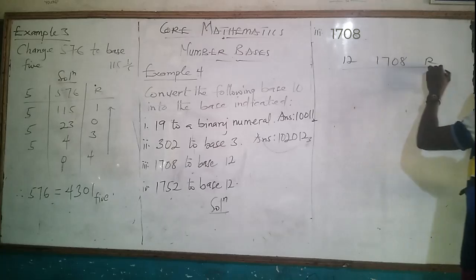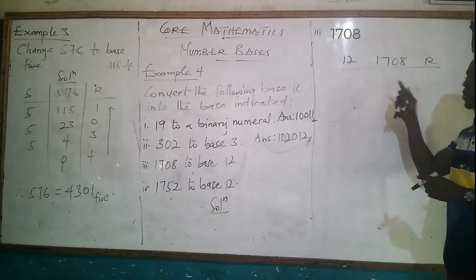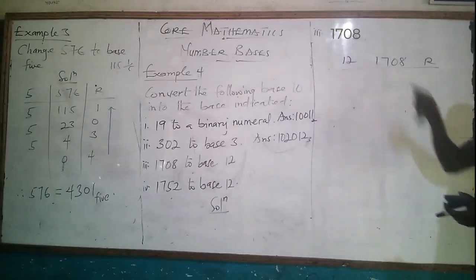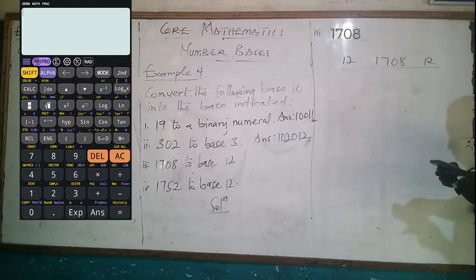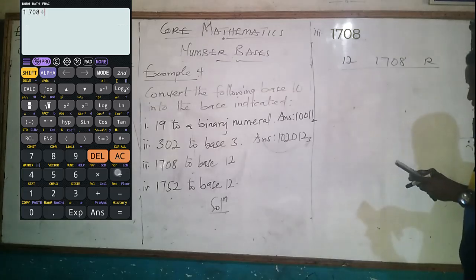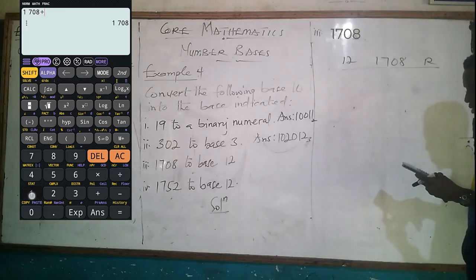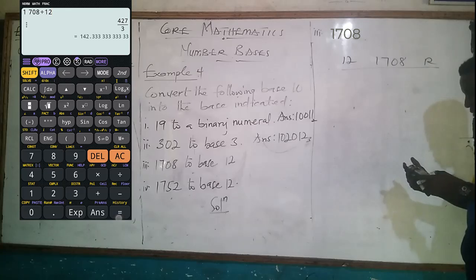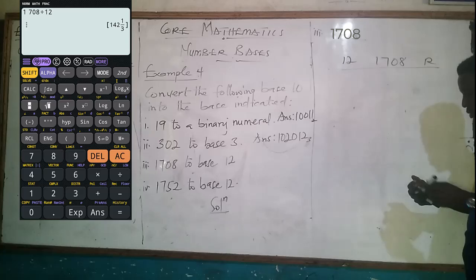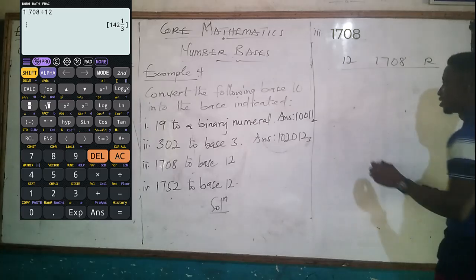Then I'm going to ask myself, 12 goes into 1708 how many times? 1708 divided by 12 gets me 142 whole number 1/3.